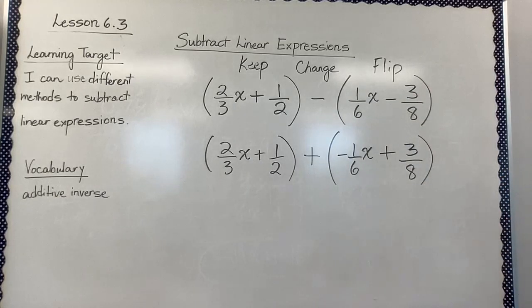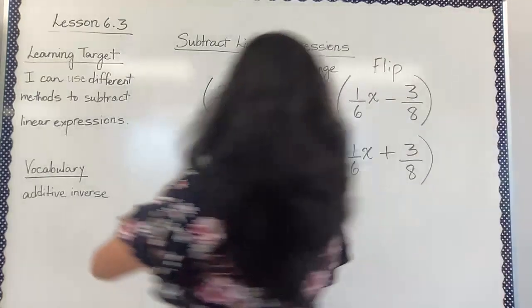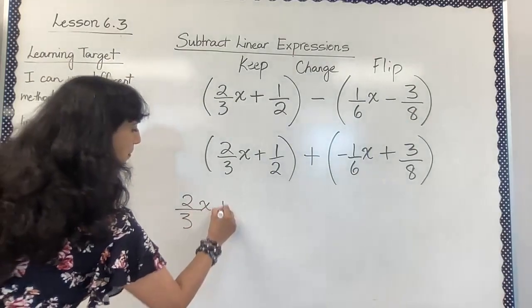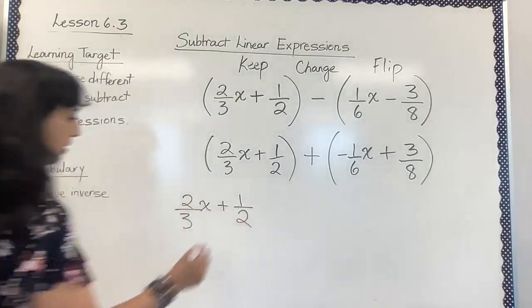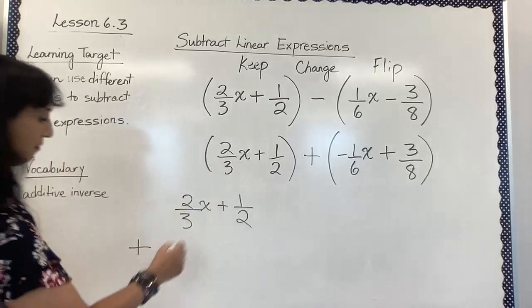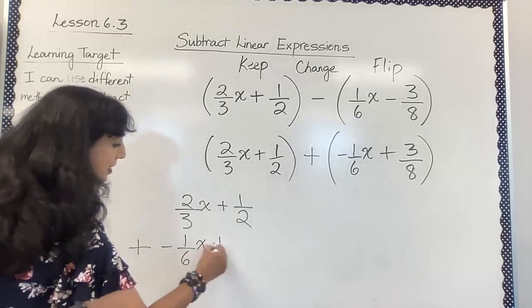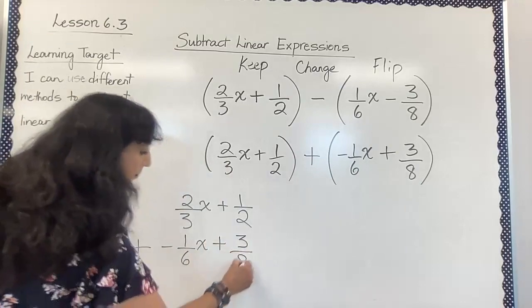Now all I'm doing is arranging the like terms in columns. I have 2/3 x plus 1/2 plus negative 1/6 x plus 3/8.